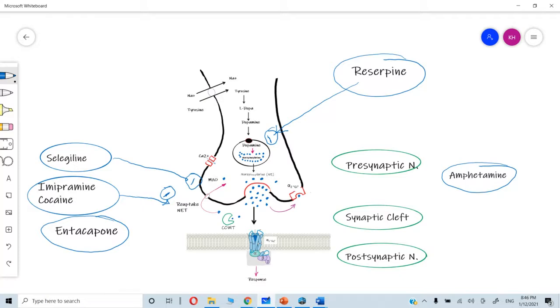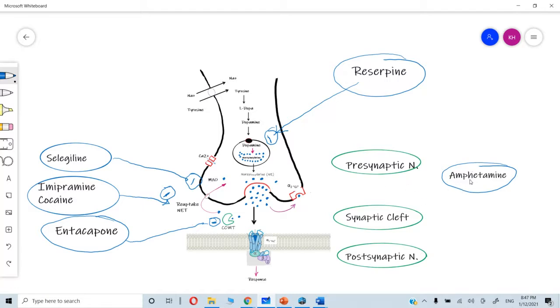The first is used as an antidepressant, and the second as a local anesthetic. Cocaine may cause drug abuse because it activates the dopamine reward system in the brain. The last one here is entacapone. Entacapone inhibits catechol-O-methyltransferase and is used for Parkinson's disease.